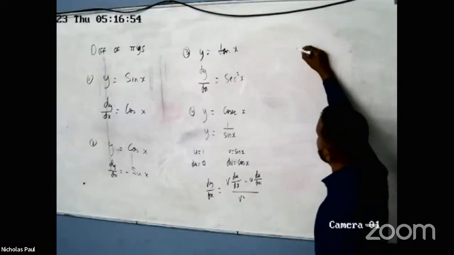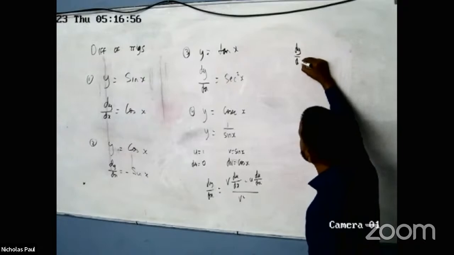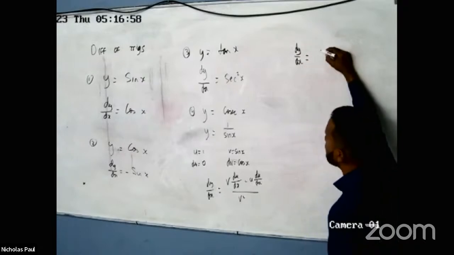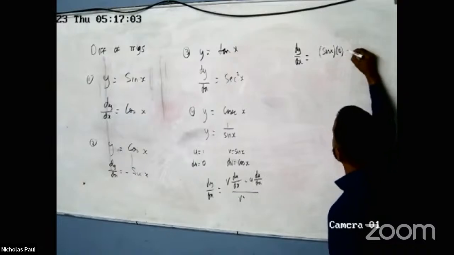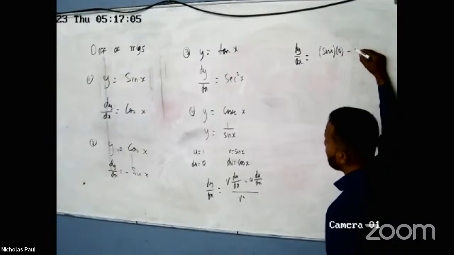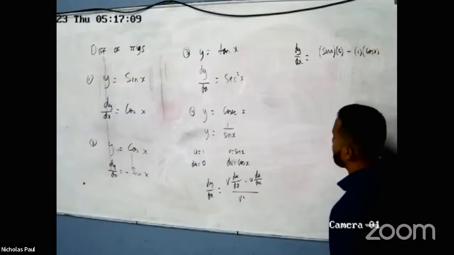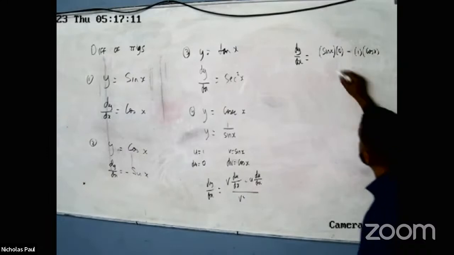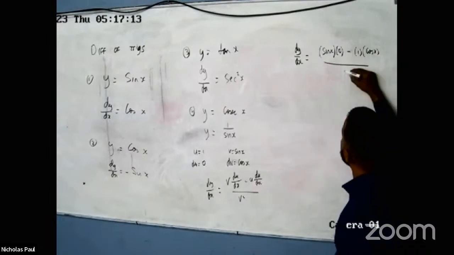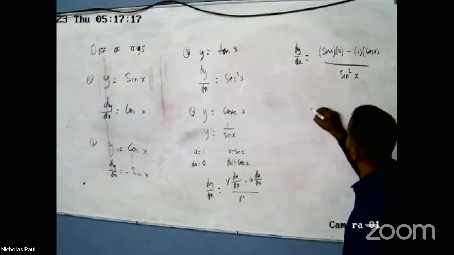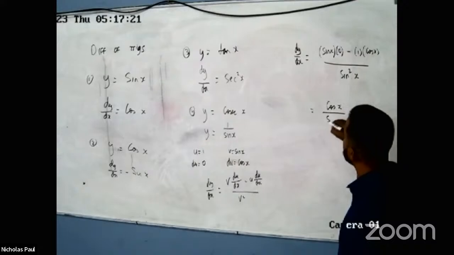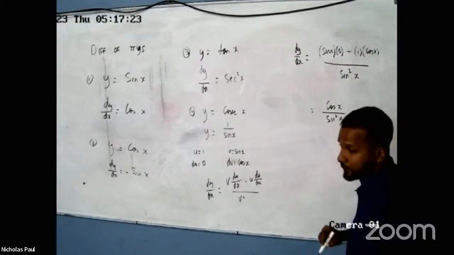We end up with dy dx equal to sine x times 0, minus 1 times cos x, all over sine squared x. This is 0, so you'll be left with minus cos x over sine squared x.